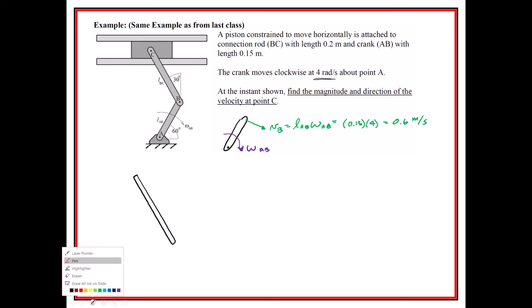Similarly, hopefully we did a pretty decent job of this right here. We could take that card, make a parallel line, hold it, and try to transfer the velocity of B right here. So here's the velocity of B.